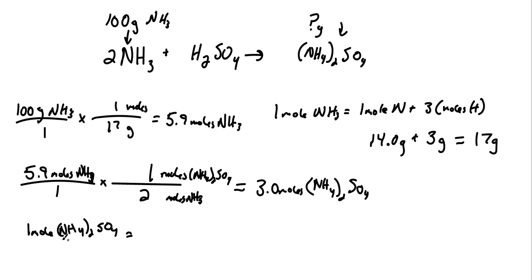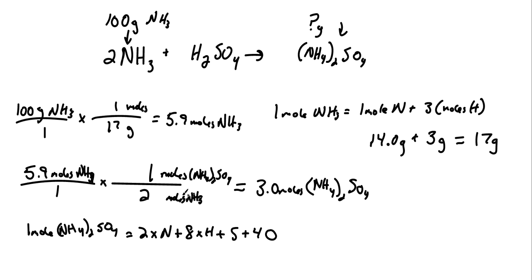So that equals, what do we got? 2 times our moles of nitrogen plus we got 8 times our moles of hydrogen plus we just got 1 mole of sulfur plus 4 moles of oxygen.